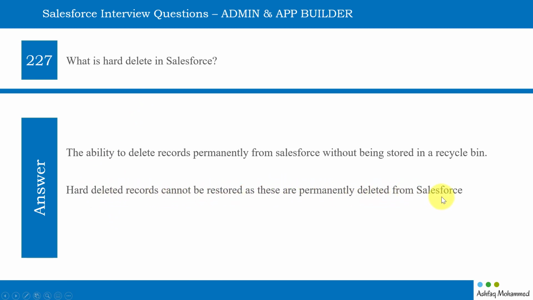If you remember the video where I explained, deleted data first goes to the recycle bin. The advantage is that if you deleted data by mistake, you can simply go to the recycle bin and get the data back. But if you hard delete, you will not have that option.